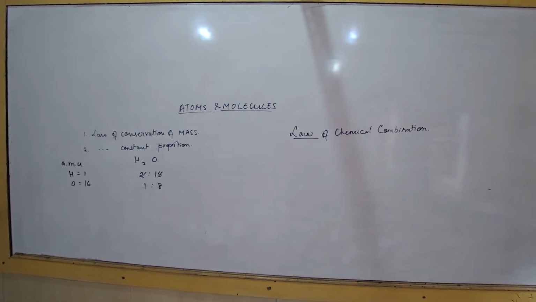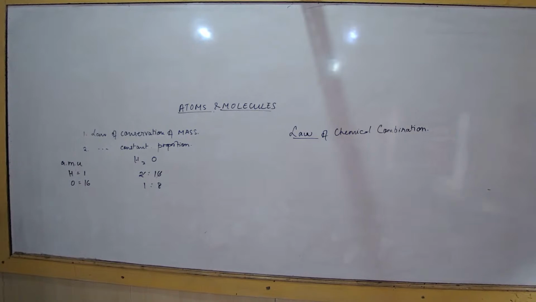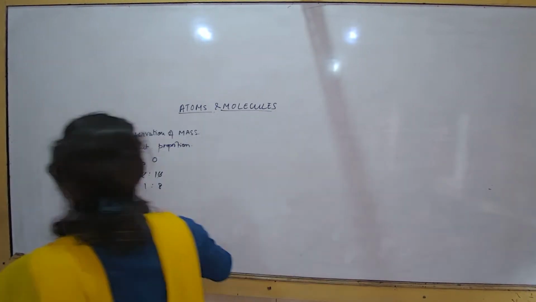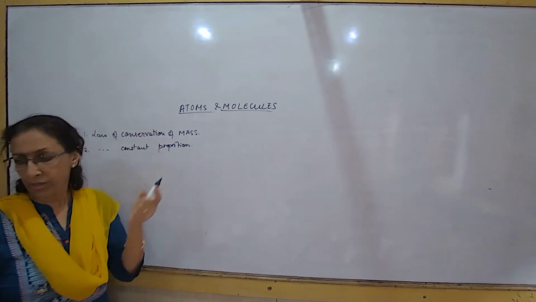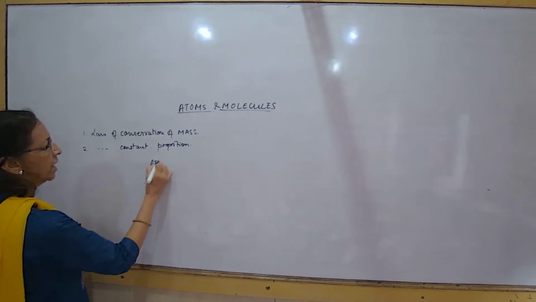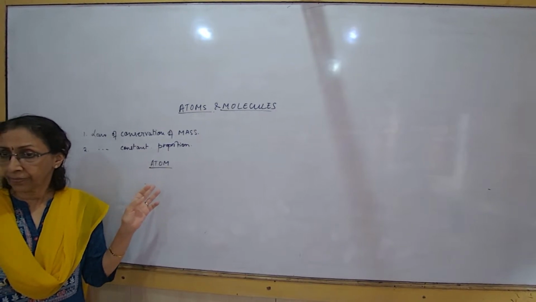Now you see there's a nice photograph. Who is that person? John Dalton. It was Dalton who actually took forward this idea of conservation of mass, constant proportion, etc. And he was the person who actually started defining and understanding what is an atom.